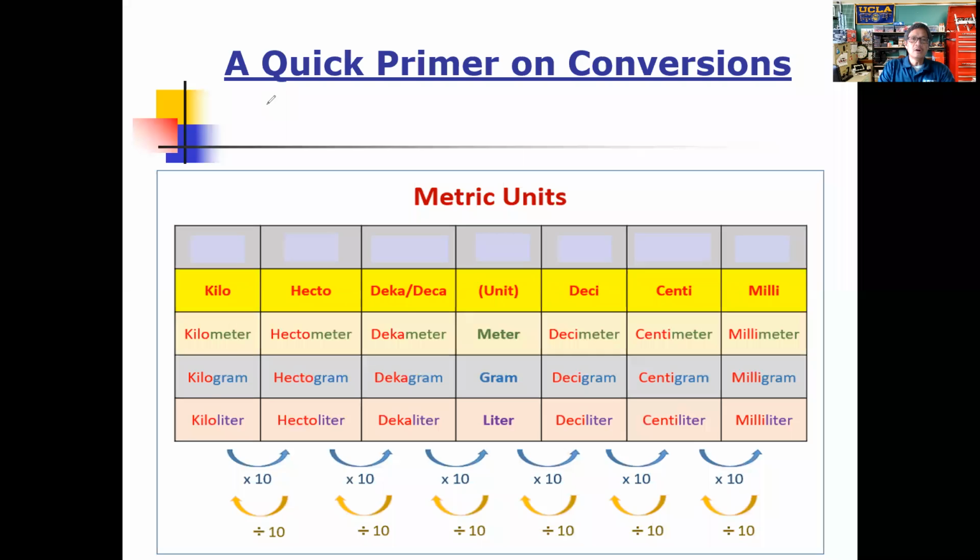Okay? So we know that there are 12 inches in 1 foot. Okay? We know that there are how many? 3 feet? I don't even know. But what we have here are two equivalent measurements.